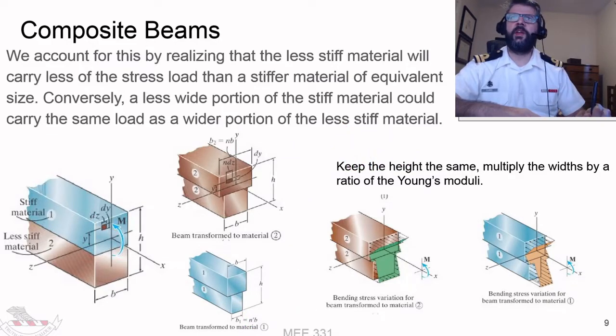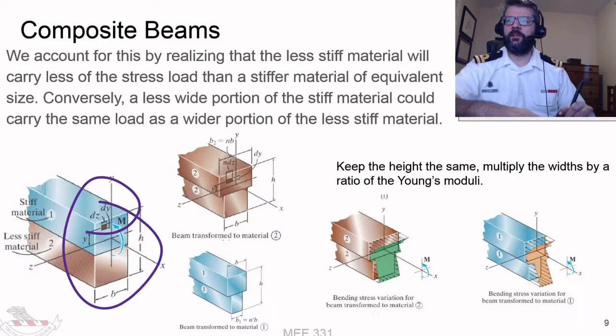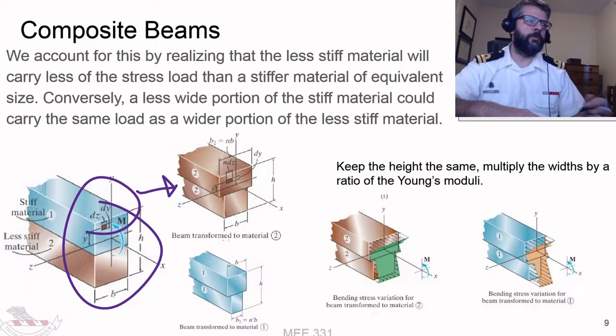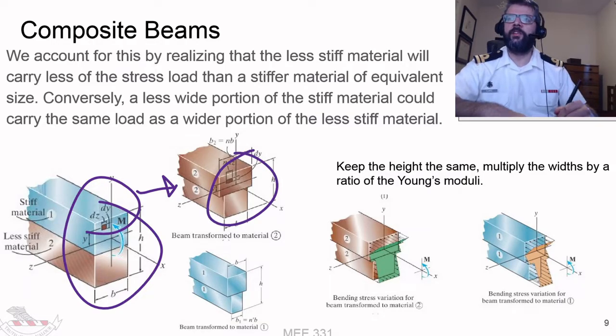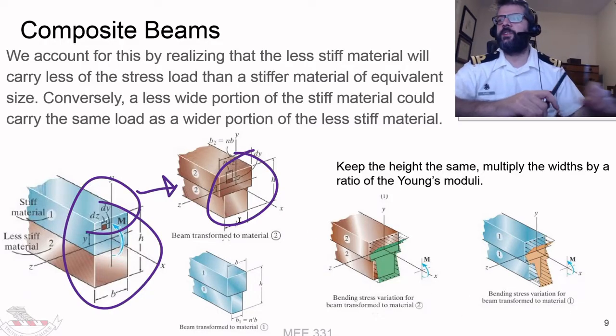So you just need to take these two materials, transform them to one material, and figure out what the cross-section properties are for that. With our new cross section, we need to find out where the neutral axis would be based upon that geometry, and we need to figure out what the I is based upon that geometry.